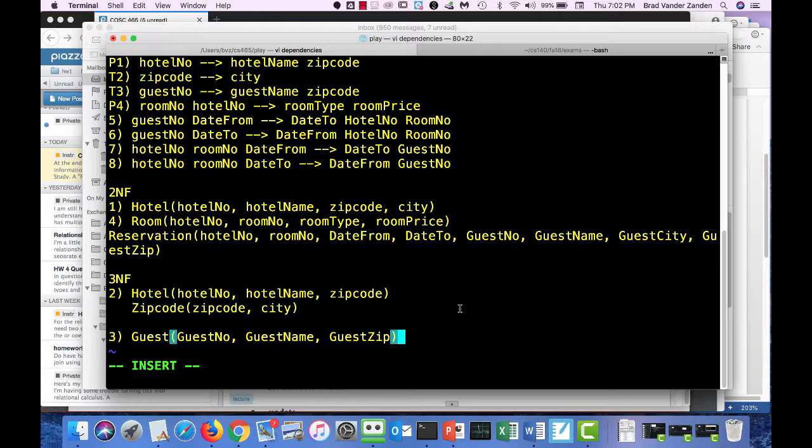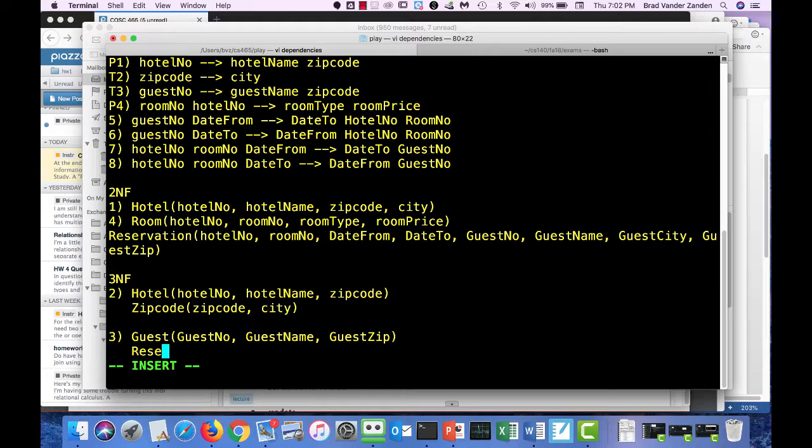And now we've already pulled out zip code and city in this relation. So we already have the zip code transitive dependency pulled out.